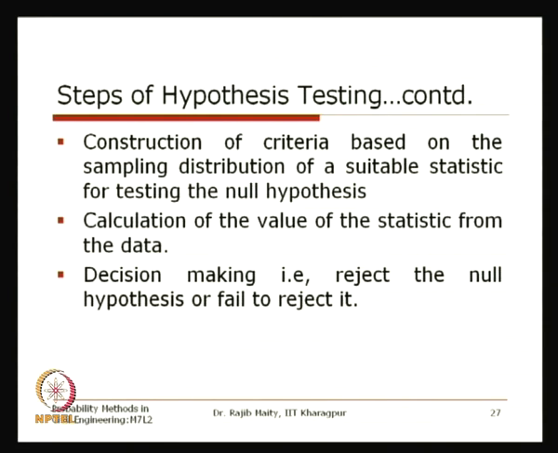Then, construction of criteria based on the sampling distribution of a suitable statistic for testing the null hypothesis. That suitable statistic we have to develop, and we should know the probabilistic nature of the statistic. In the earlier discussion of parameter estimation, we developed some statistics and saw the sampling distribution of different statistics.